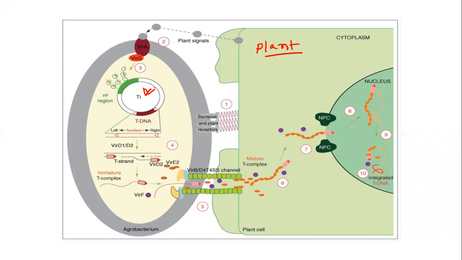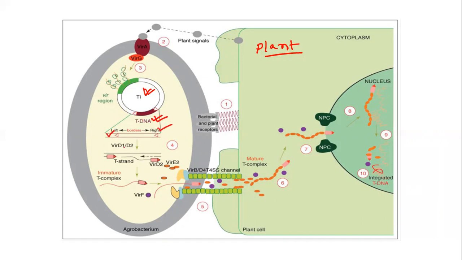Bacteria have a chromosomal genome as well as a plasmid genome, and a plasmid is an extrachromosomal self-replicating circular double-stranded DNA molecule, other than the chromosomal DNA, right? In the Ti plasmid, the important part is the tDNA, which contains right border and left border sequences.